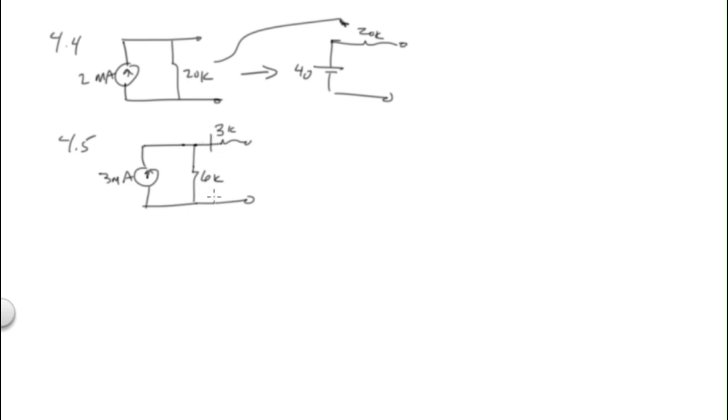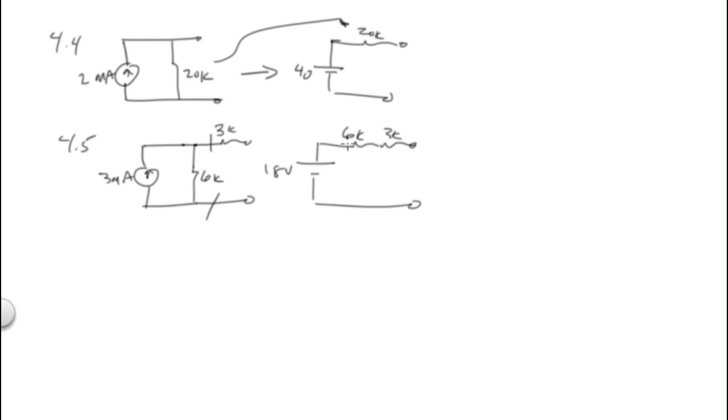This part right here is the Norton. So if I do the Thevenin equivalent of it, I've got 3 times 6, or 18 volts. For the rest of it, I move my 6k up here, and now I add my 3k in up here, and I've got the rest of my circuit.